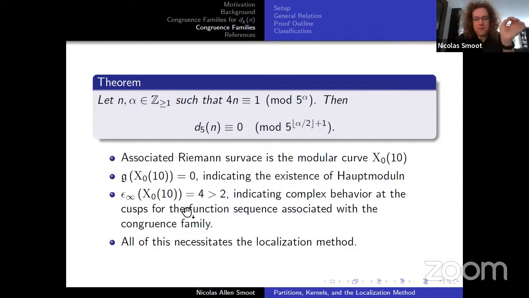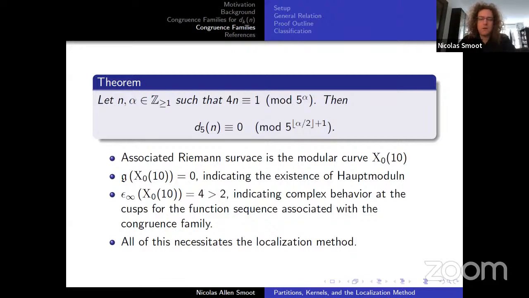The cusp count, that is, in a sense, the number of punctures, the number of spots on the modular curve that all the rational points get sent to, is 4. Now, if it's equal to 2, then we have exactly the classical techniques available to us, the techniques used by Ramanujan, for example.